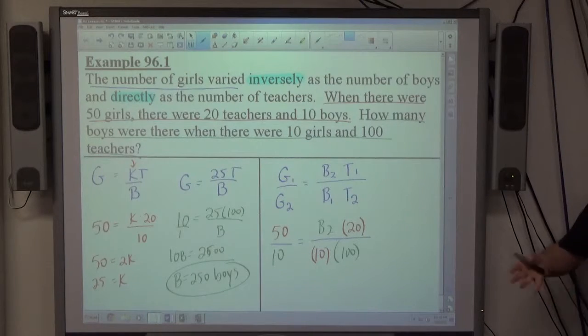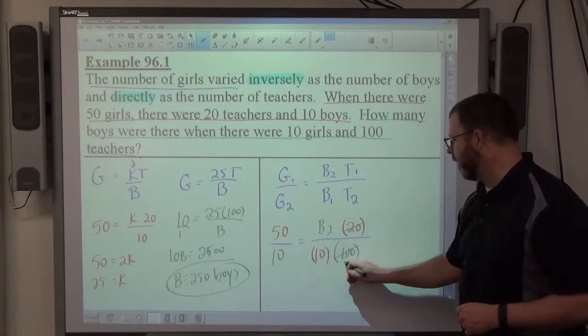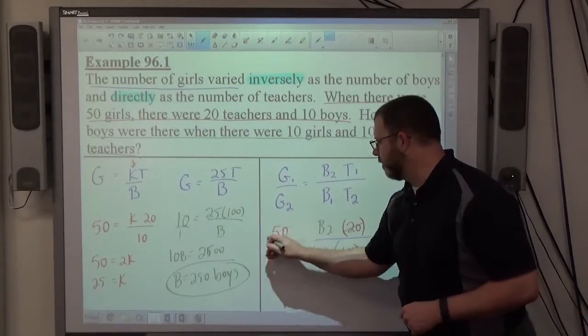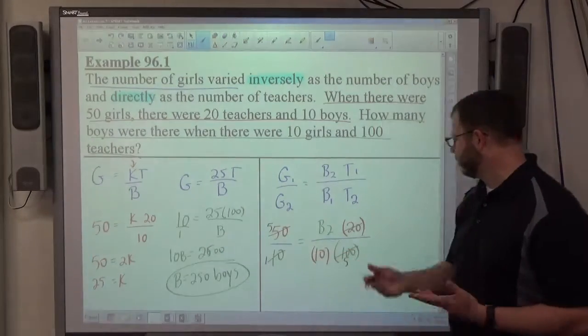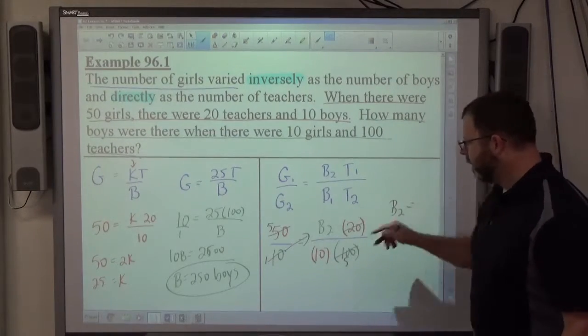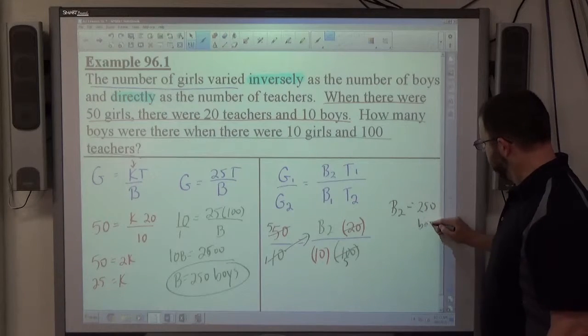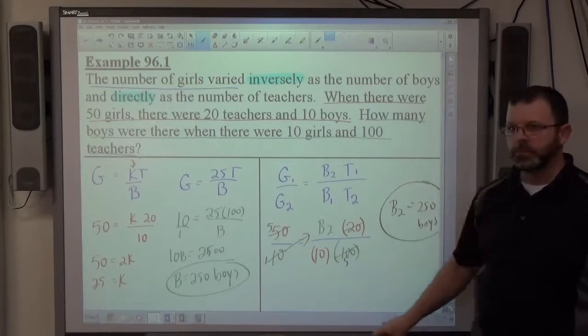You substitute everything in that you know, and then it's just a cross multiply problem. You can reduce it a little if you wish. This 20 chops that 100 down to a 5. That 10 chops that 50 down to a 5, and that's a 1. I cross multiply now: 1 times B2 is equal to 5 times 5 times 10. There you go.